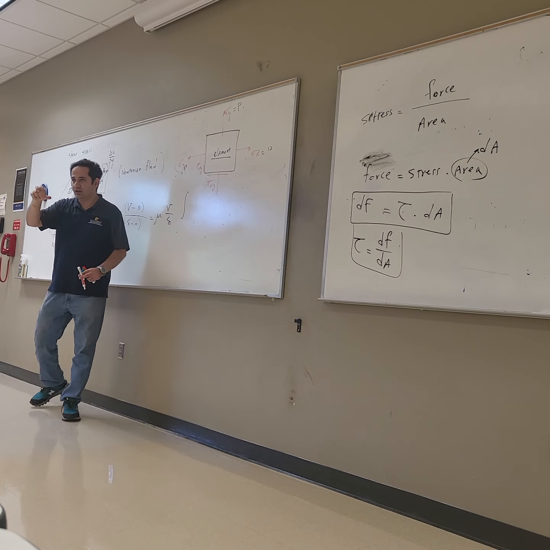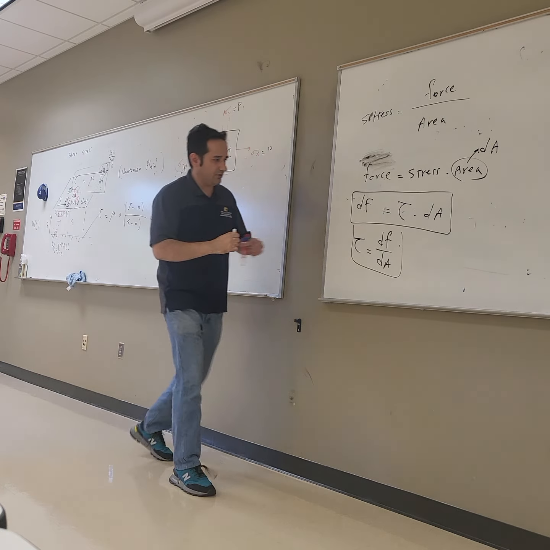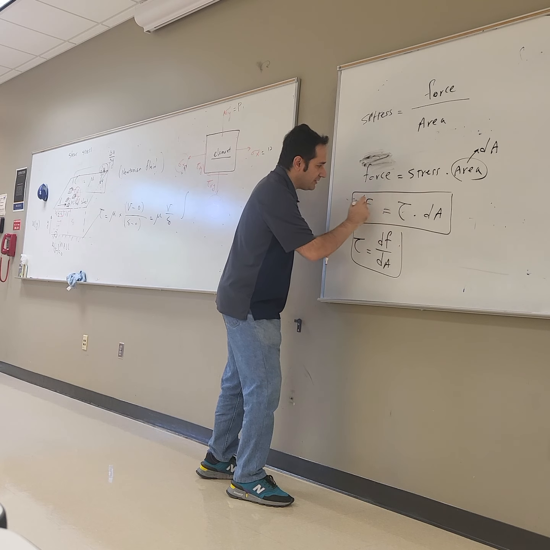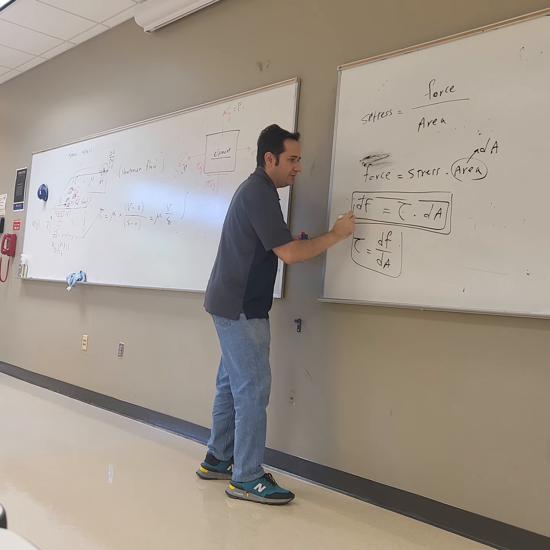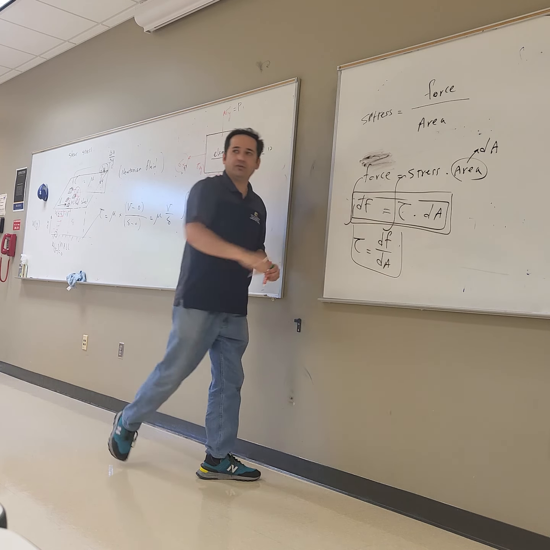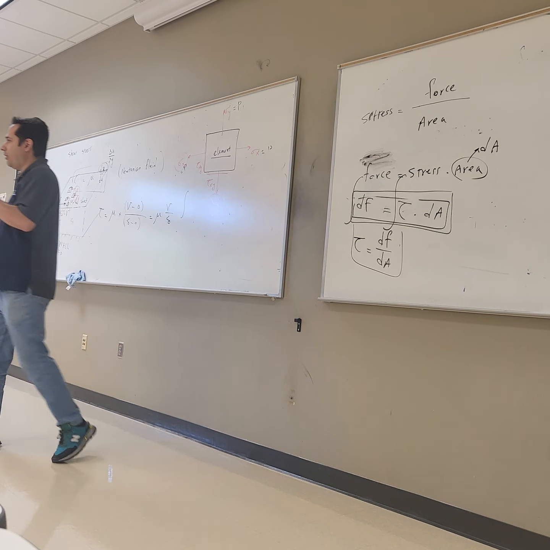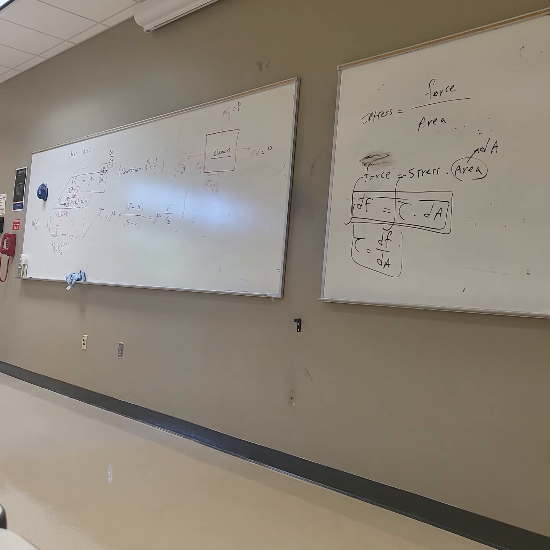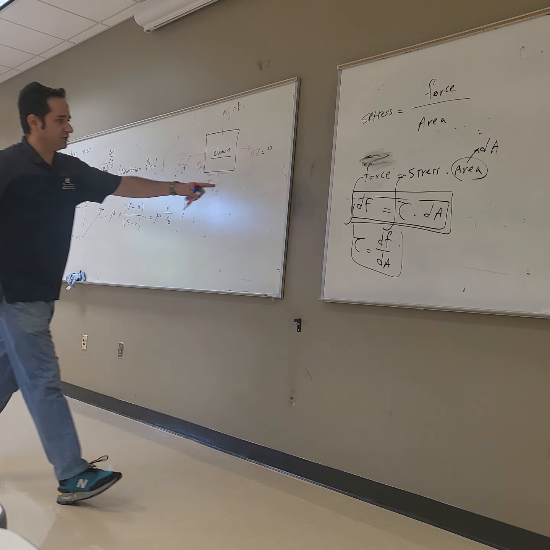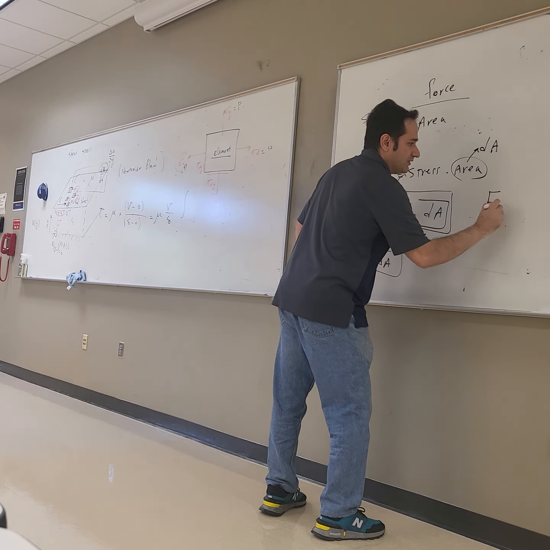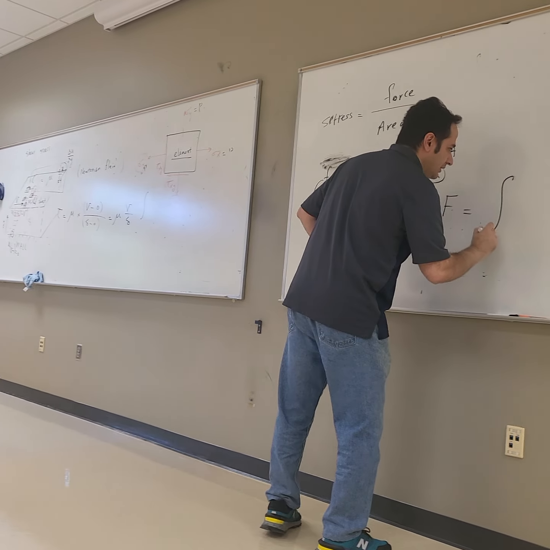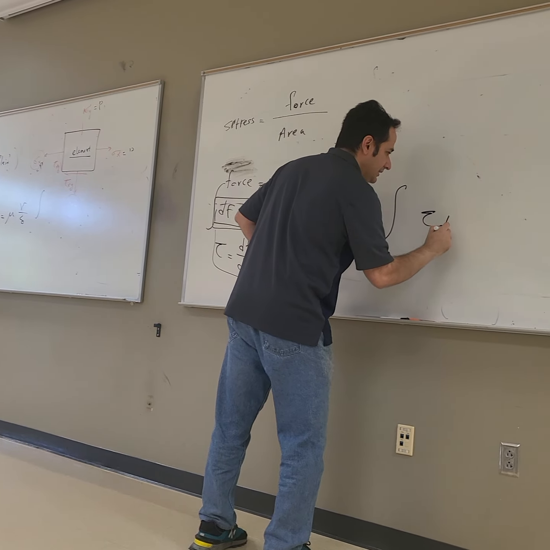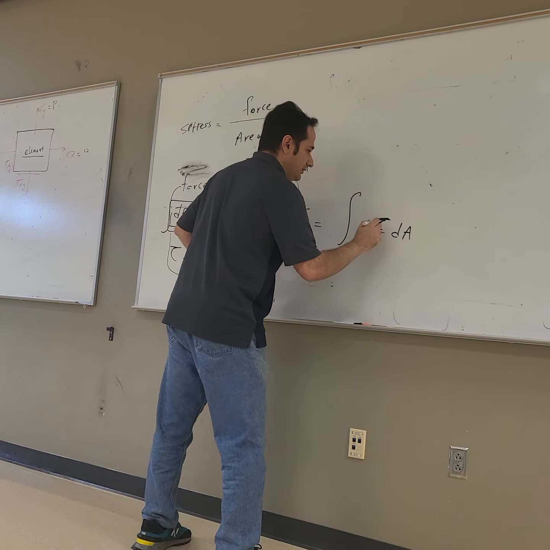You add all these infinitesimal parts together, so you in fact integrate all those little parts. What's the addition when you go to infinite? It's called integration. So the total force, the resultant force, is the integral of tau dA, right?